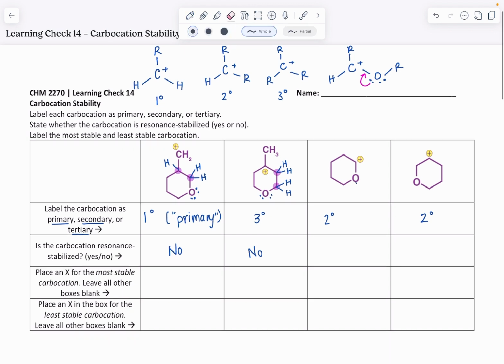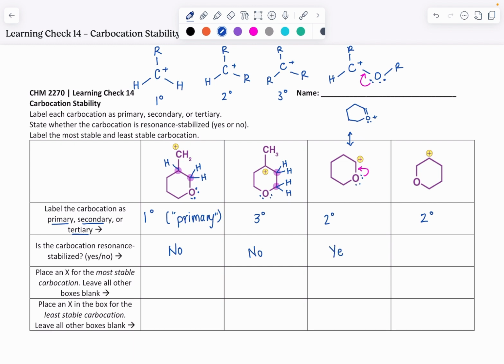In the third structure, the oxygen is bonded to that carbocation, and so it is possible for these electrons from the oxygen atom to resonate and form a double bond. I'll just draw that right above so you can see the result of this resonance. It will look like this, where we now have a double bond between the carbocation and the oxygen. The oxygen still has one lone pair, and the oxygen becomes positive.